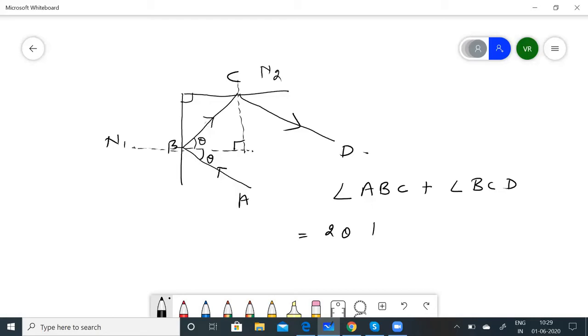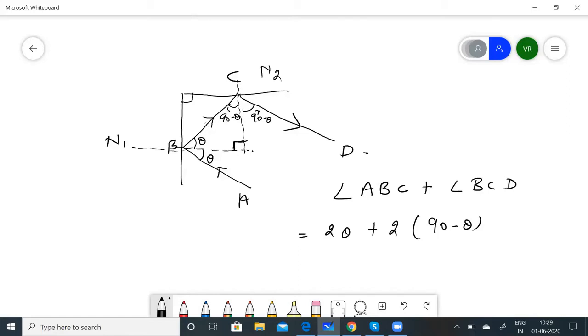So plus 2 times 90 minus theta, because again this angle and this angle will be the same. So this will be 90 minus theta, and this will also be 90 minus theta, because this is the angle of incidence and this is the angle of reflection. So they are equal.